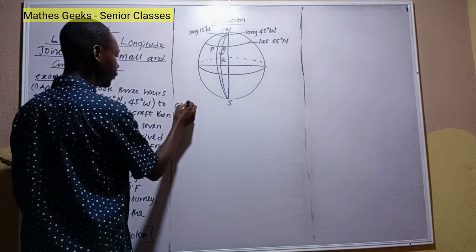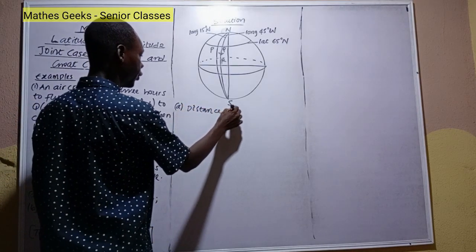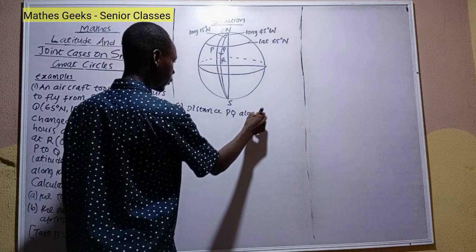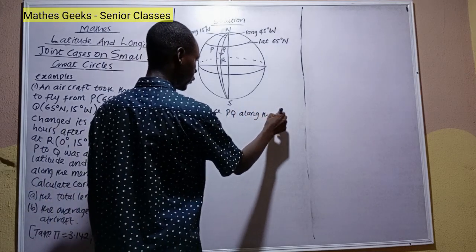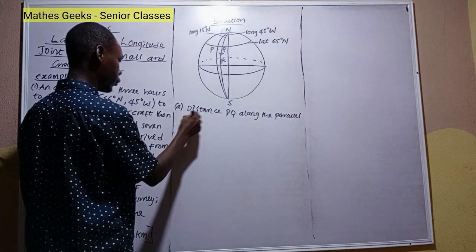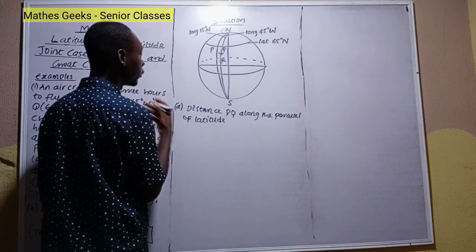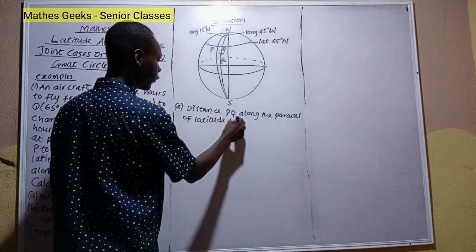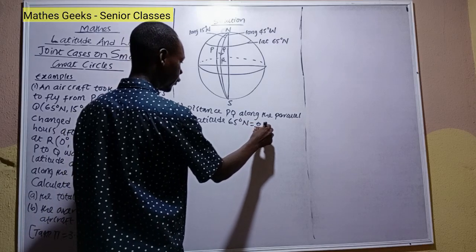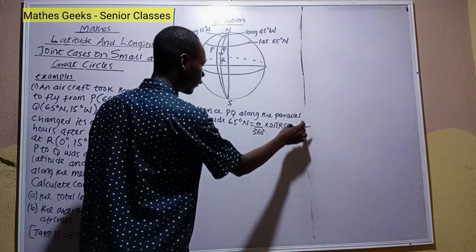So distance PQ along the parallel of latitude 65 degrees north is equal to theta over 360 degrees times 2 pi r cos alpha.